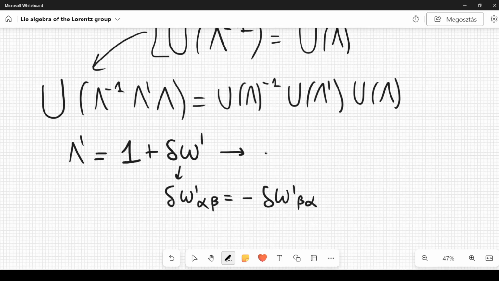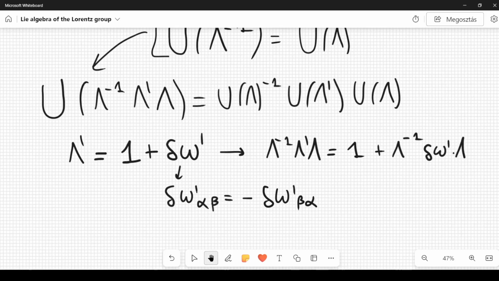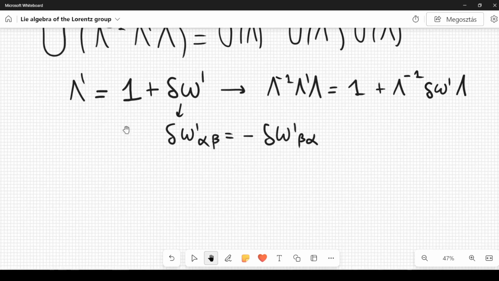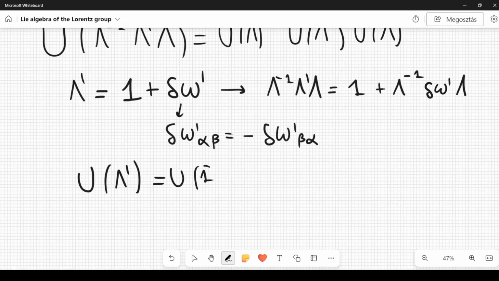So we can rewrite lambda inverse lambda prime lambda by using this formula. If you replace lambda prime, you get something close to the identity plus lambda inverse delta omega prime lambda. Then for an infinitesimal Lorentz transformation, U of lambda prime would also be something close to the identity. So this would be U of 1, the identity operator, plus delta omega prime.